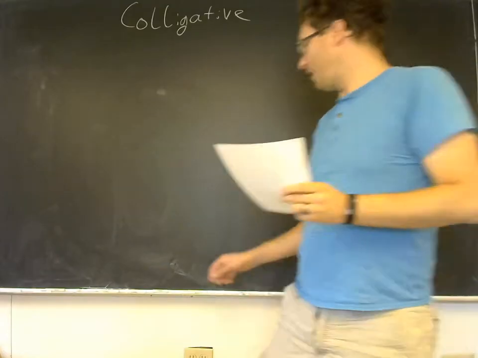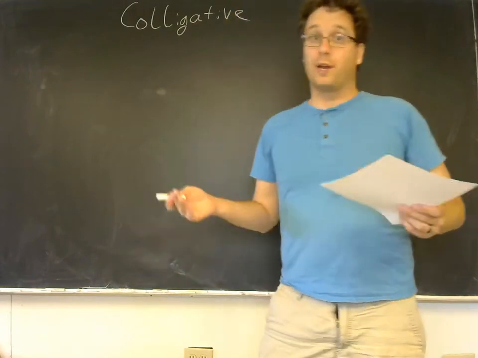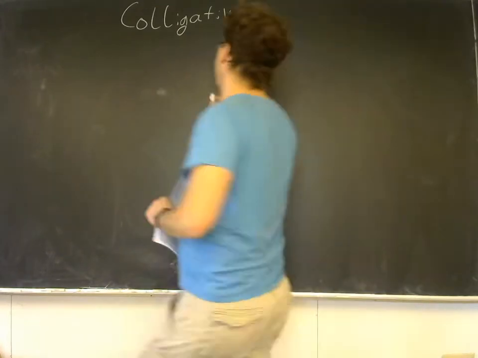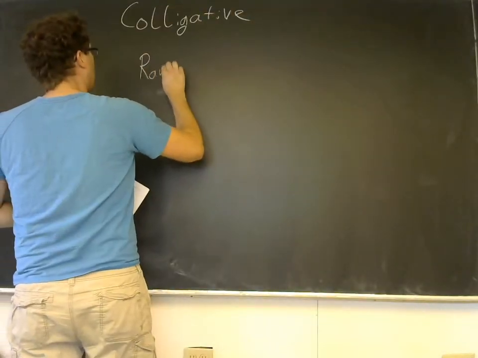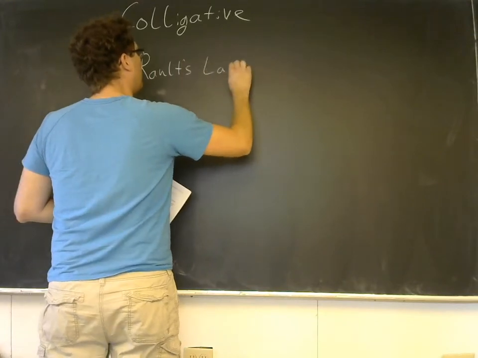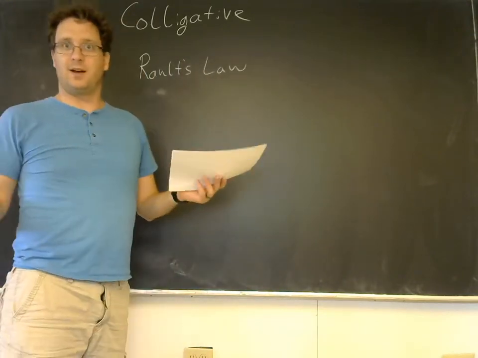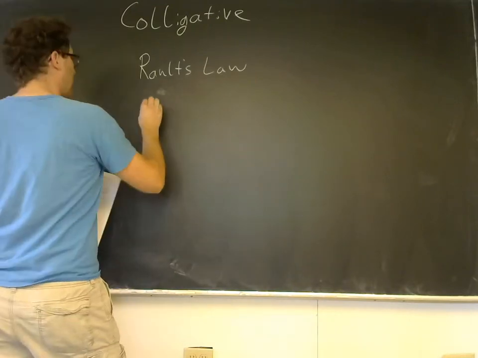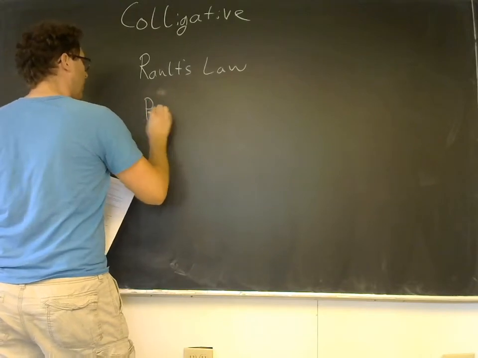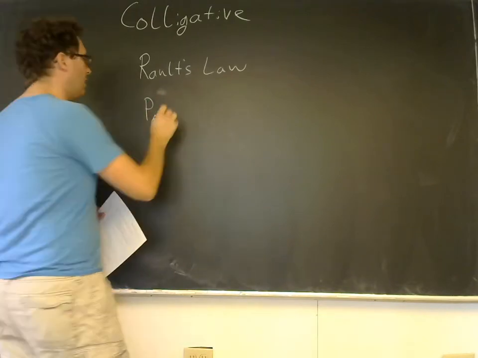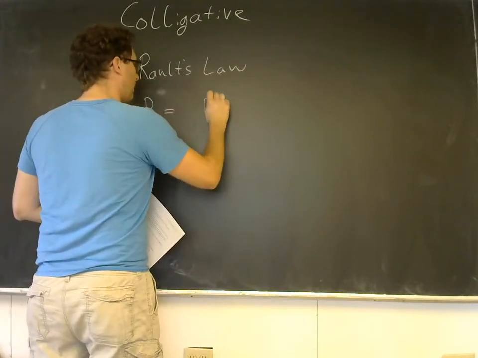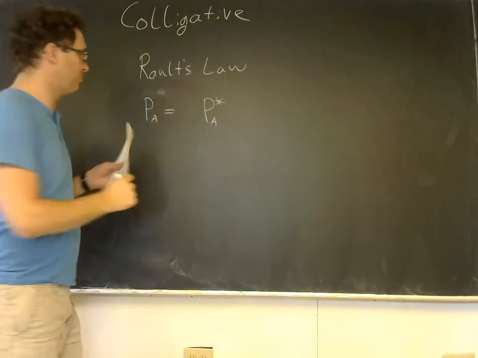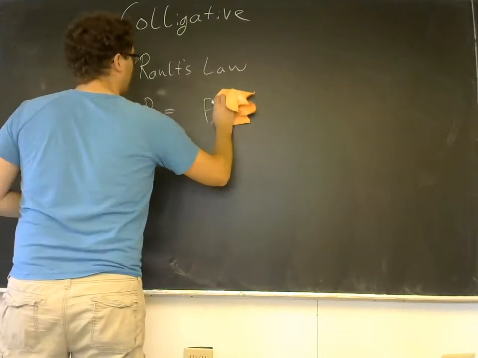We can talk about vapor pressure lowering or vapor pressure depression in mathematical terms. So we have a formula that's called Raoult's law. So Raoult studied the vapor pressures of solutions carefully, and he found that the pressure of some volatile substance is going to equal the pressure of that substance when it is pure.